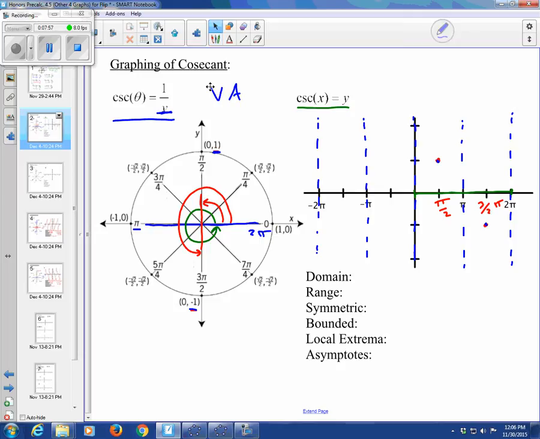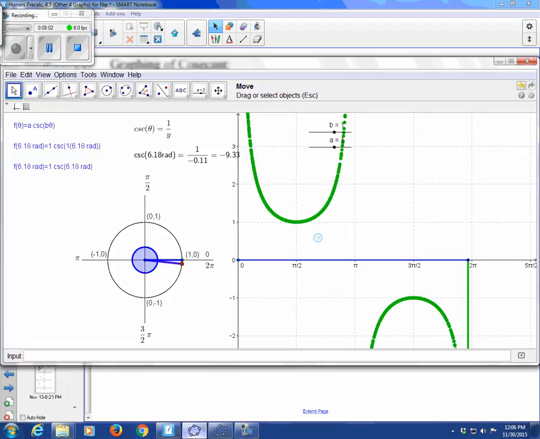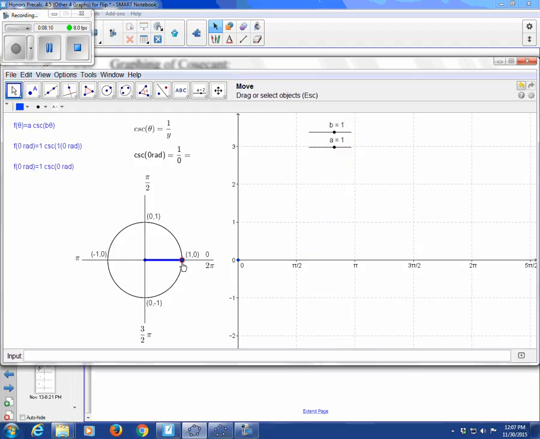And so what we're going to do now is take a look at the graph of this. I'm going to shift this a little bit. We're going to create this on our own, so I'm going to start over here. As we rotate, we start out with a y value of 0 at our vertical asymptote.